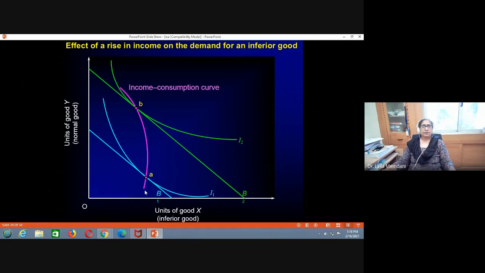This is for an inferior good, it is backward bending. For a normal good, it slopes upwards, but here it is also going up, but it bends backward towards the y-axis. If good y is an inferior good, it bends towards the y-axis, but if good x happens to be an inferior good, it bends towards the x-axis.